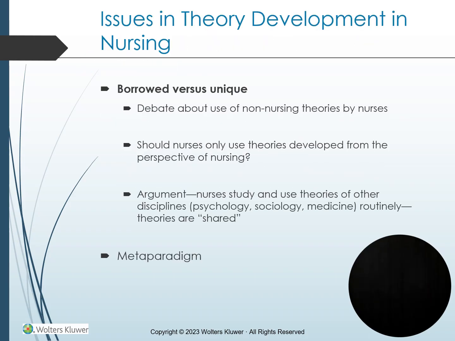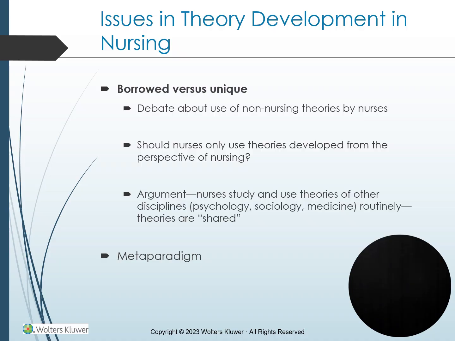So what are some of the issues that we see in nursing related to theory development? One is we see the borrowed versus the unique. It's a debate over how nursing theories originally started from us borrowing theories from other disciplines and specialties. And if that theory was borrowed, is it as applicable to nursing as one that was developed specifically for nurses?